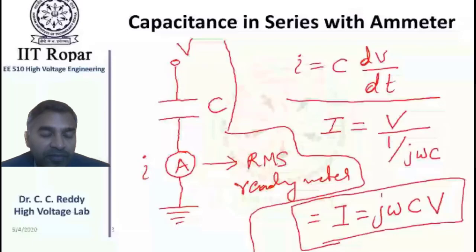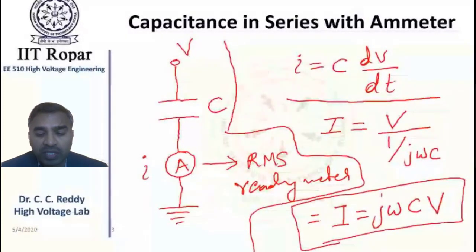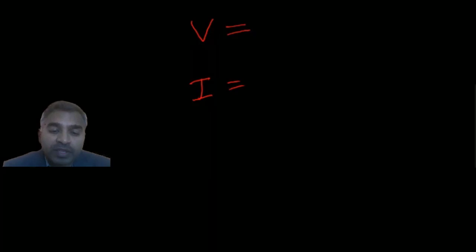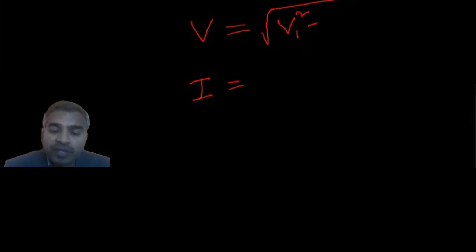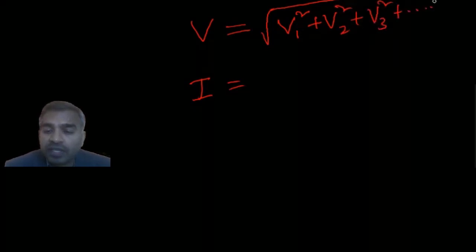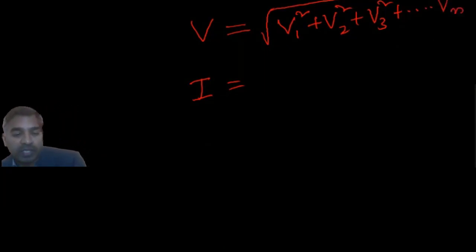But what happens if there are certain harmonics? Suppose V1, V2, V3 are harmonic voltages. What is the RMS value of the input voltage? It is the square root of V1 square plus V2 square plus V3 square plus and so on up to Vn square, if there are nth harmonic voltages.